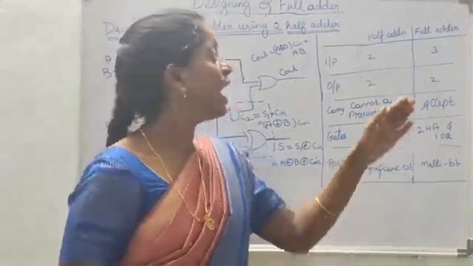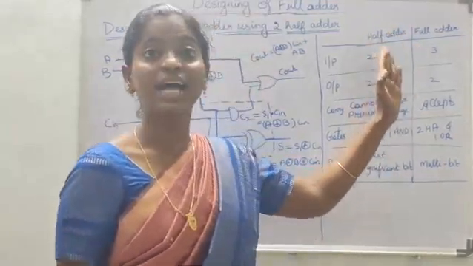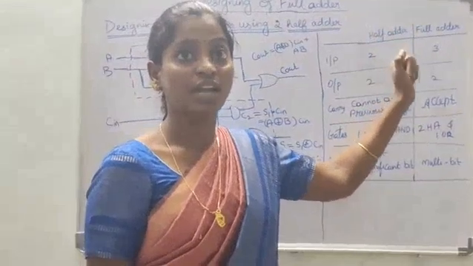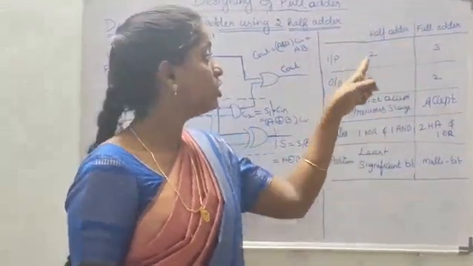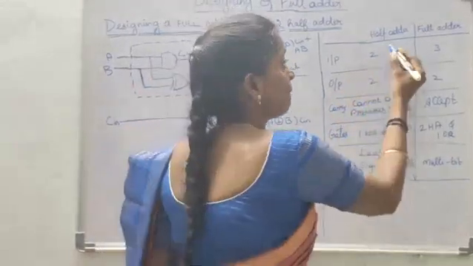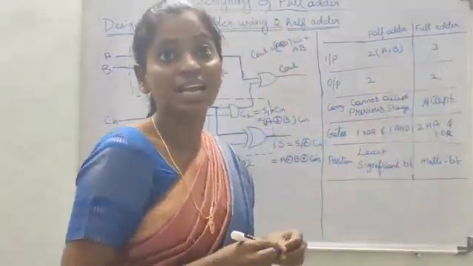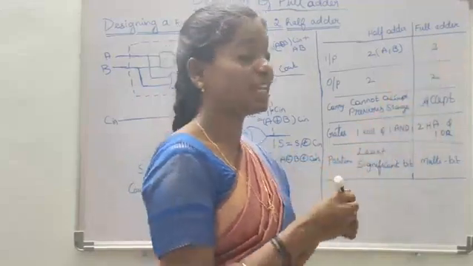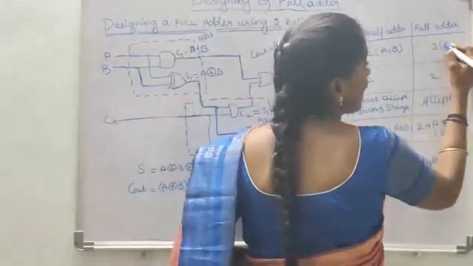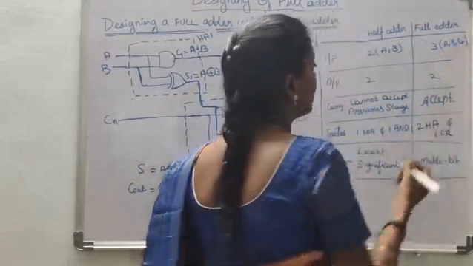And then next, let us compare the half adder and full adder. A half adder has 2 single bit binary inputs, that is A and B. A full adder has 3 single bit binary inputs, that is A, B and C in.